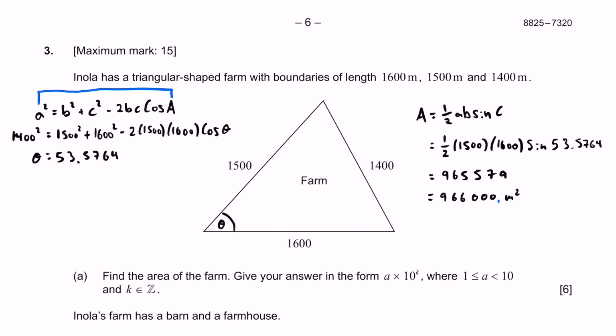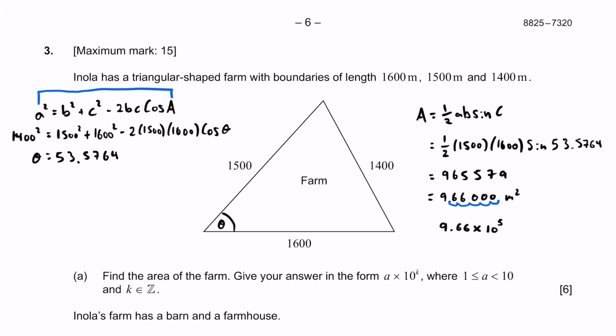So here we go. 1, 2, 3, 4, 5. If we wanted to move our decimal place over here, we would have to go 5 hops. Now we can write out 9.66 times 10 to the 5, the number of hops.